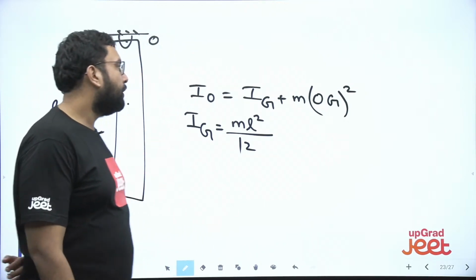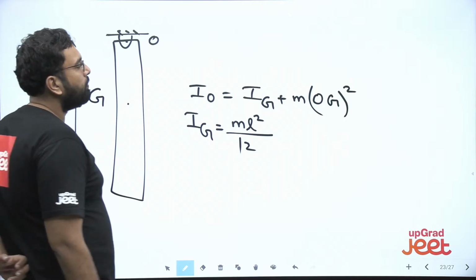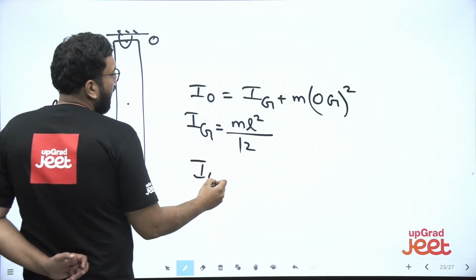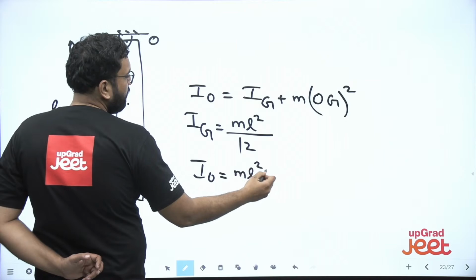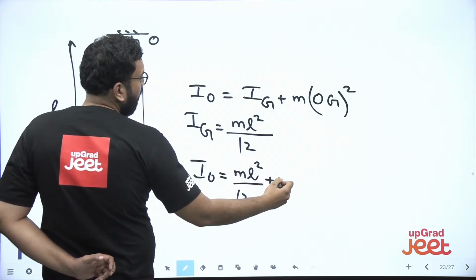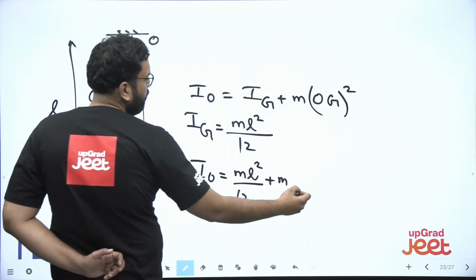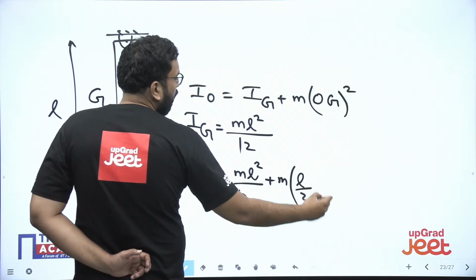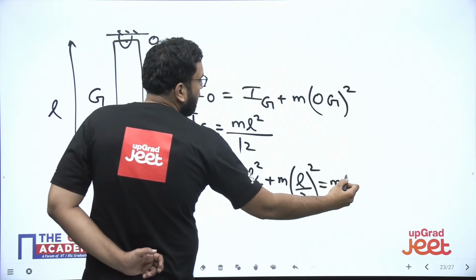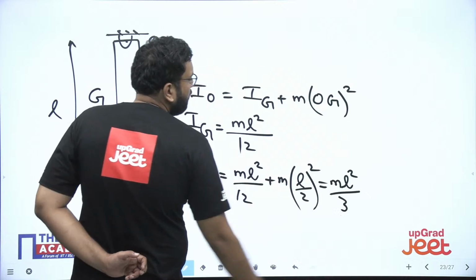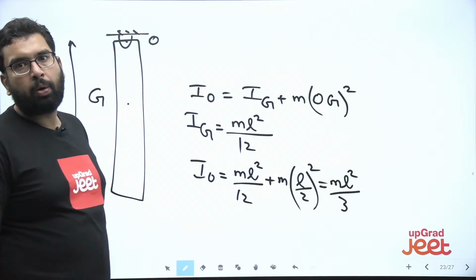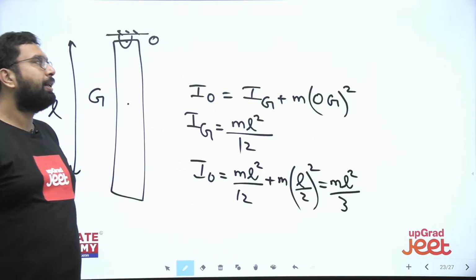So I naught is equal to Ig plus M OG square, which is mL square by 12 plus M times (L by 2) whole square. So it will come out to be mL square by 3. Don't memorize; you can apply the parallel axis theorem and find it.